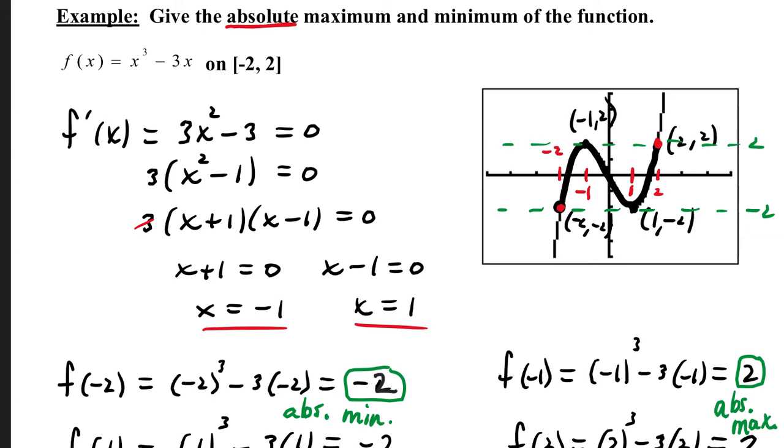The critical numbers, both of them are inside this interval, so we put both of them into the original function, and we get f of +1 gives us -2, f of -1 gives us +2. And so as you go through, the lowest points on the graph have a y value of -2. The largest values of y on the graph in that restricted domain is +2.